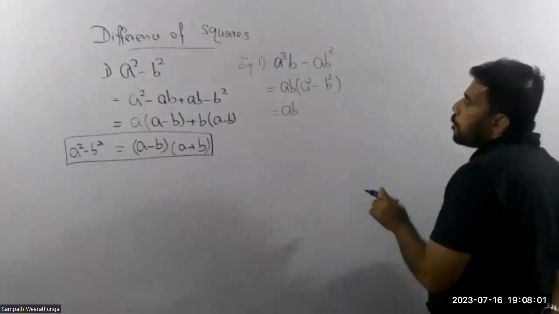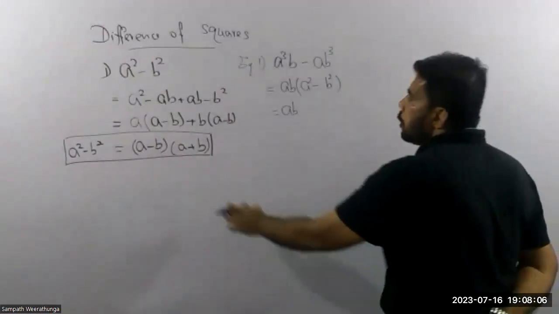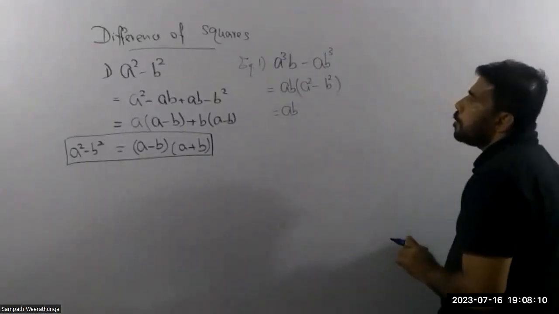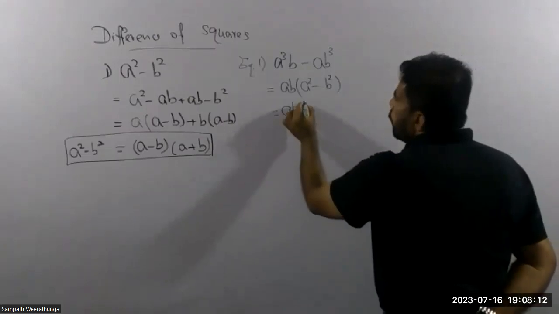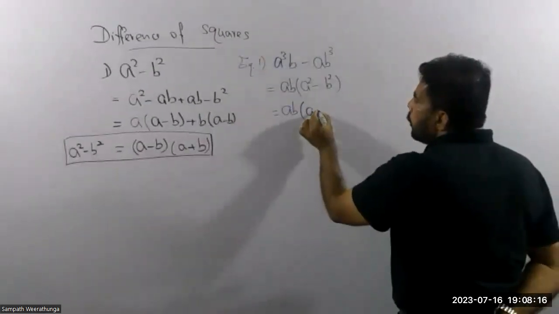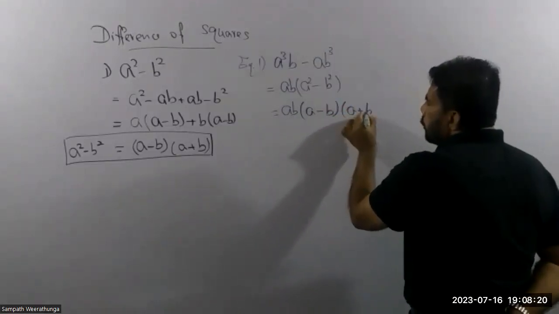Next, I know from the theory we learned just now, the factors for a difference of squares: A squared minus B squared I can write in two factors in this nature, right?